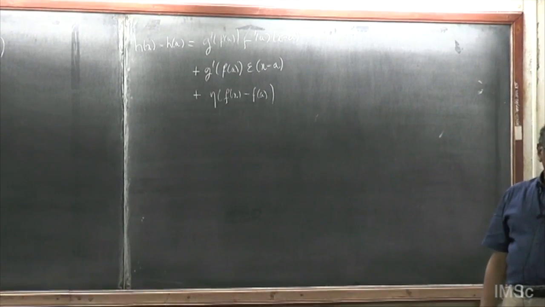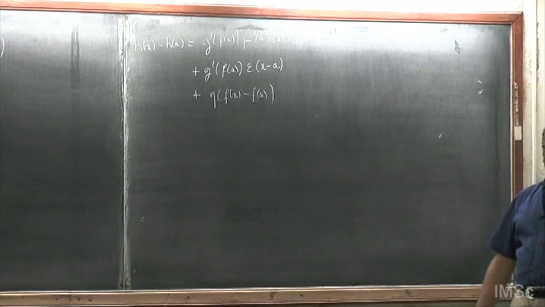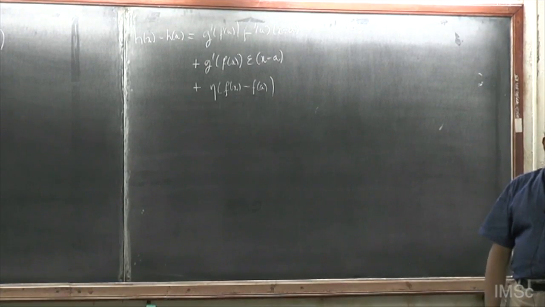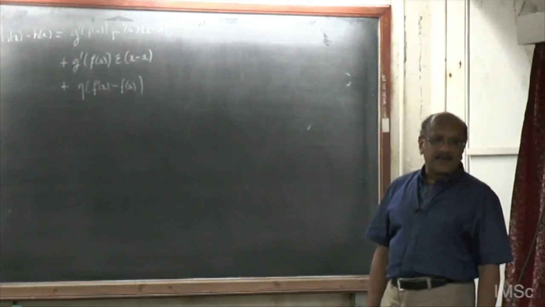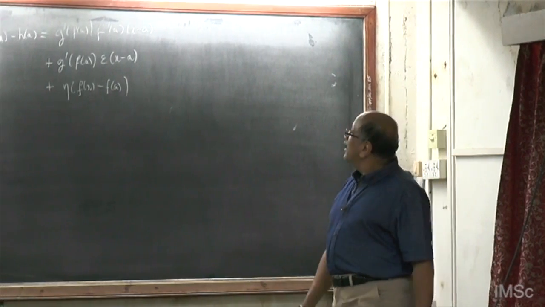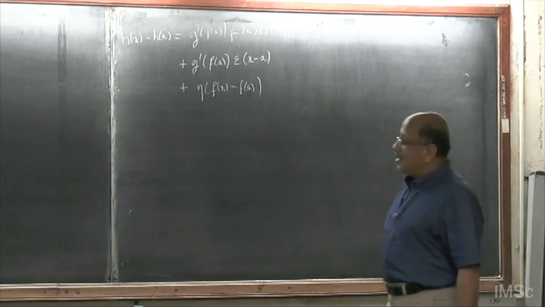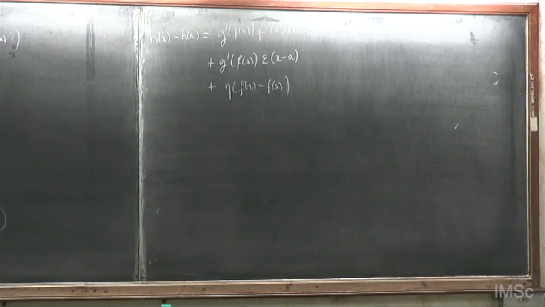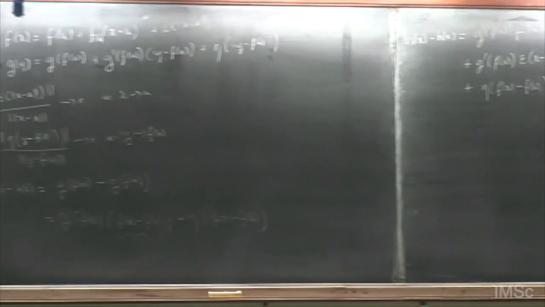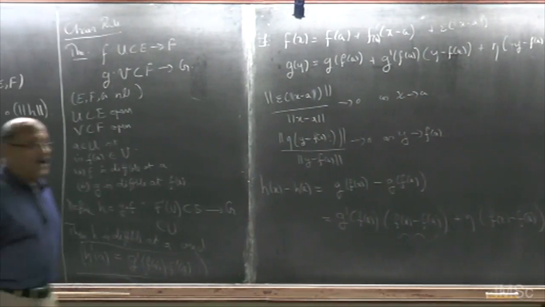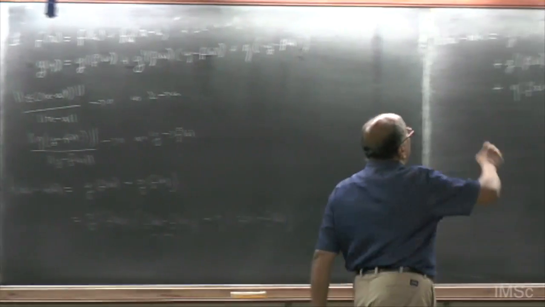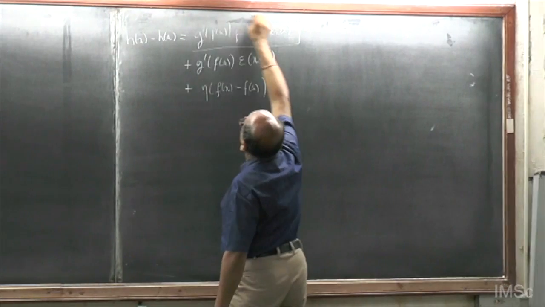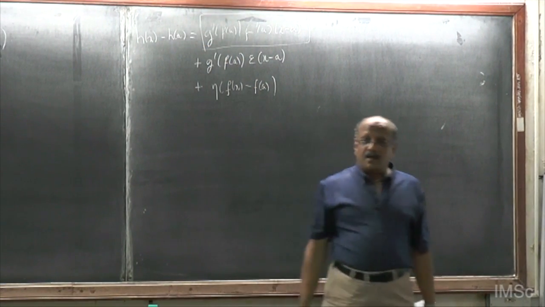So, up to now I have done nothing. I have just applied the definition of derivative and substituted various things in the right place. Now, here is my formula, and I already have that in the first line.